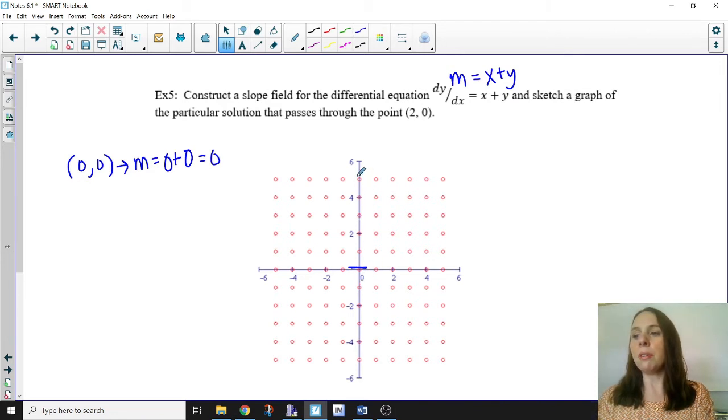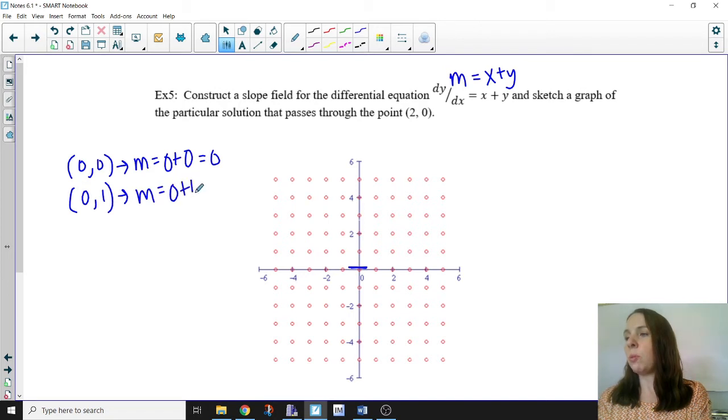But all of the rest of the points along this vertical column are not all going to be a slope of 0 this time, right? If I move up 1 point and I'm at the ordered pair (0, 1), the slope is now 0 plus 1, which is equal to 1. So I'm going to draw a line that has a slope of 1.